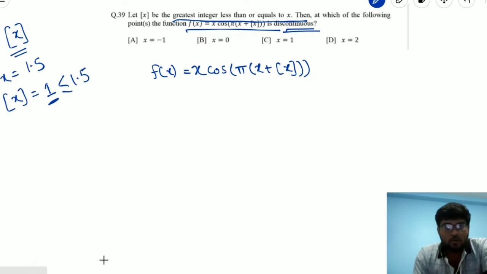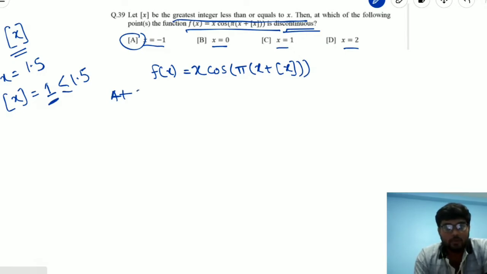We know that a function is discontinuous at a given point if the left hand limit, the right hand limit and the value at that point are not all equal. So here we will check the left hand limit and the right hand limit at each point. If we check option A, we'll see whether the function is discontinuous or not.